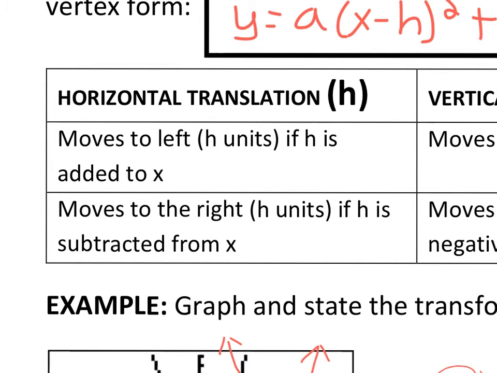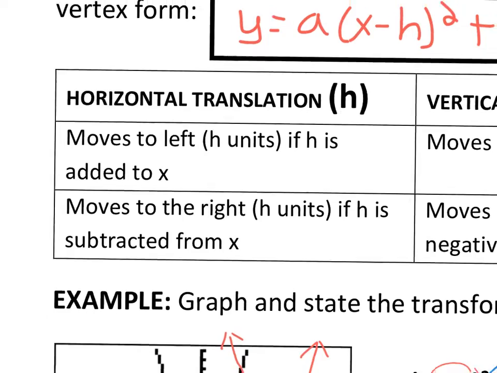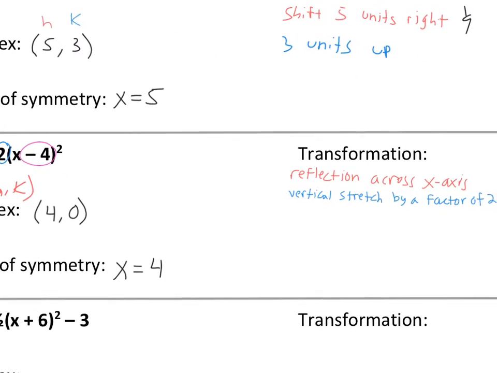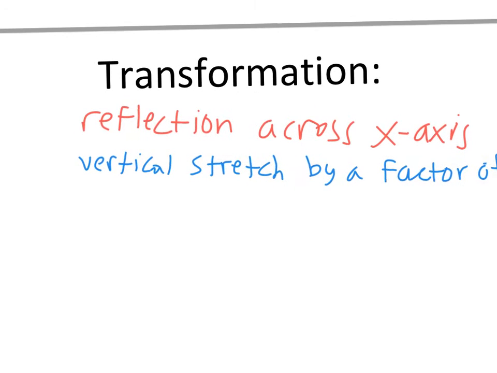Okay, well, it's not added, it's subtracted, so it moves right if h is subtracted. Since h is subtracted, it's going to move right. So it shifts 4 units right.